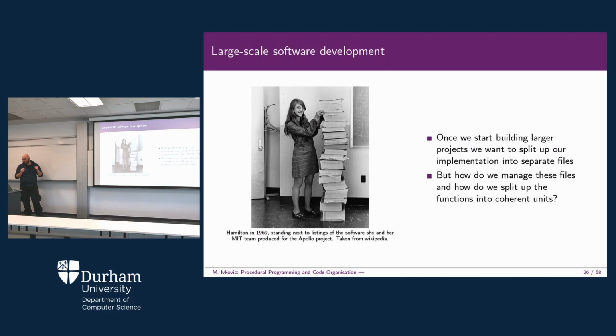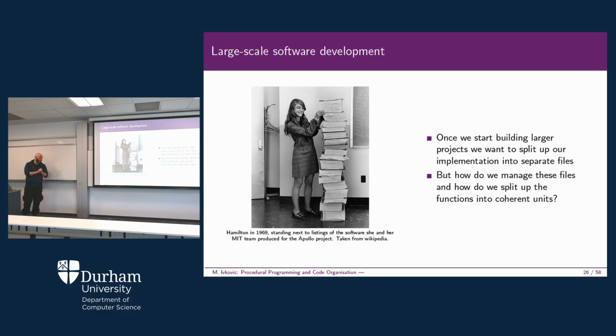But how do we do that? How do we manage these files, and how do we split up the functions into coherent units? Well, that's a very debatable question, and people will argue about it all the time, what the sensible way of splitting them up is.